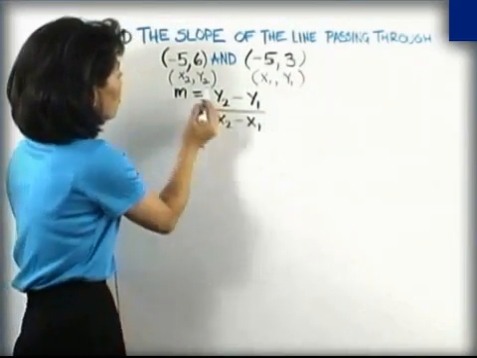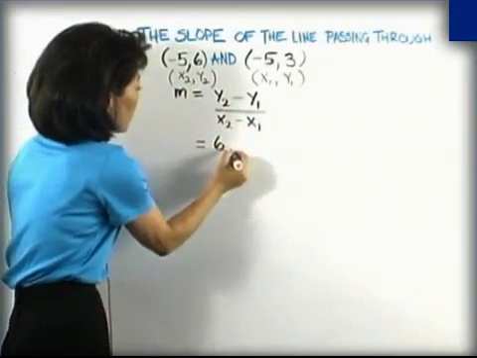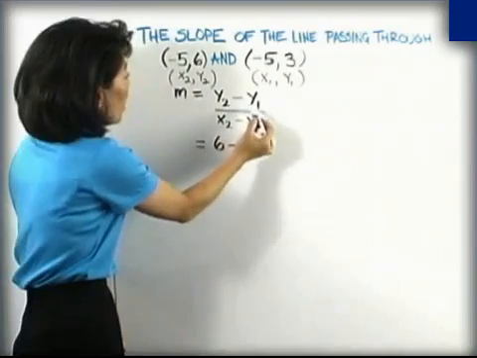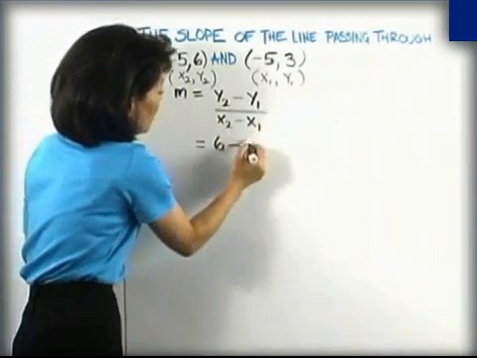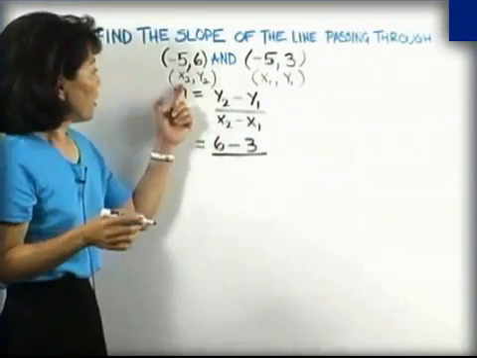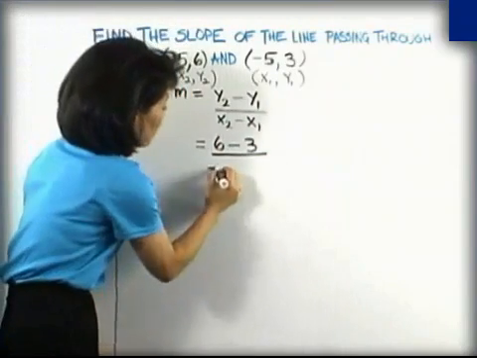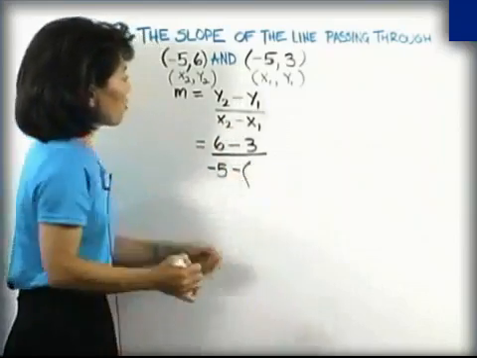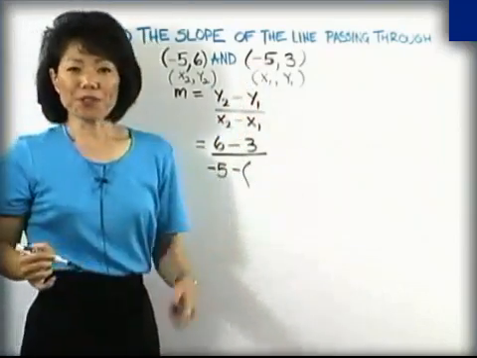y2 is equal to here 6, minus, because that's part of the formula, remember, y1 here is 3, over x2, -5, minus, part of the formula there, x1, which is also -5.